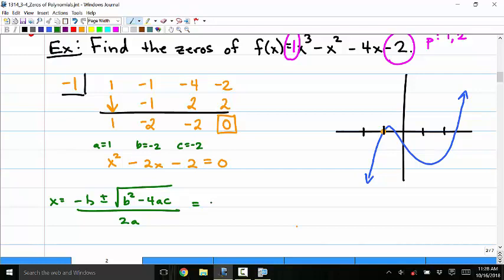So -b would give me 2 plus or minus square root b squared, 4, minus 4 times 1 times -2, all over 2 times 1.